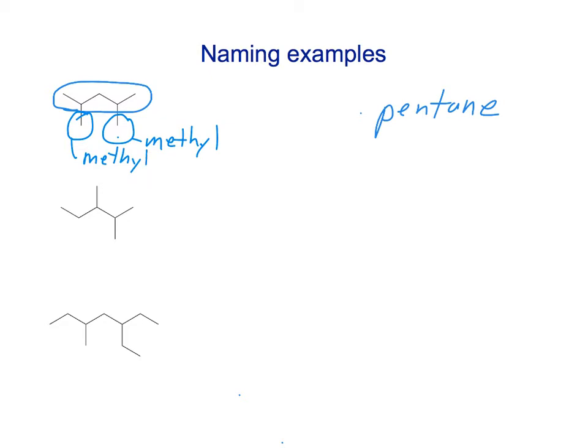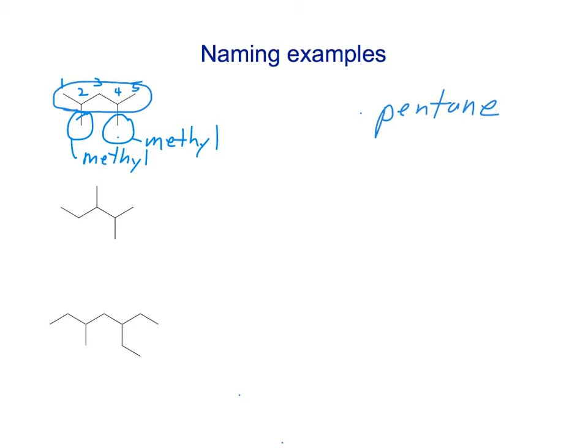Okay, so we're going to list the methyl groups out in front of the name, but then the next thing we need to do is count the carbons of the parent. So if we count from left to right, we have 1, 2, 3, 4, 5.